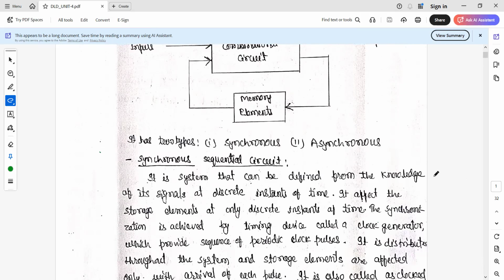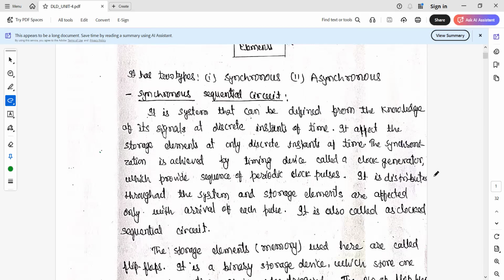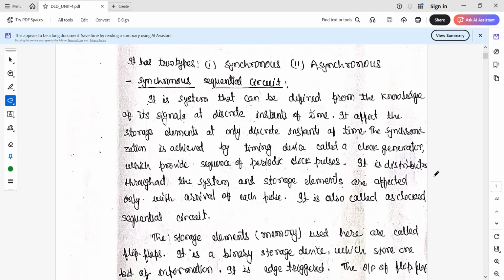In a synchronous sequential circuit, the memory element is designed with the help of flip-flops. We will slowly discuss the flip-flop also. In synchronous circuits, we have clock cycles and clock generators.